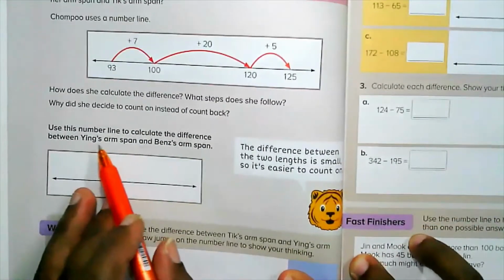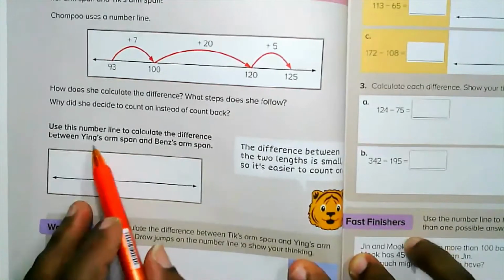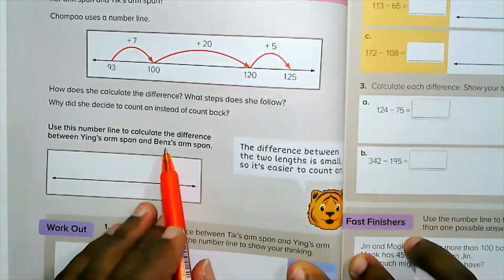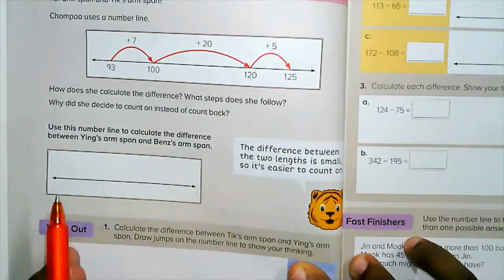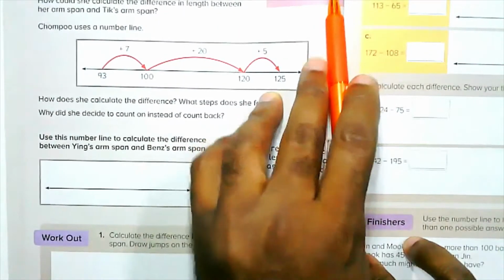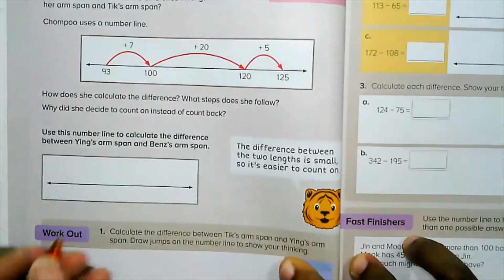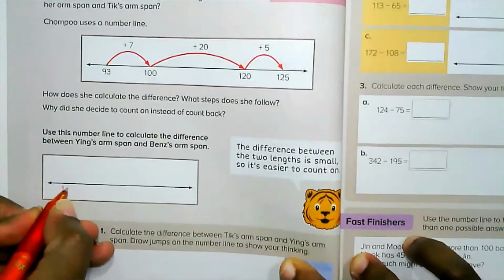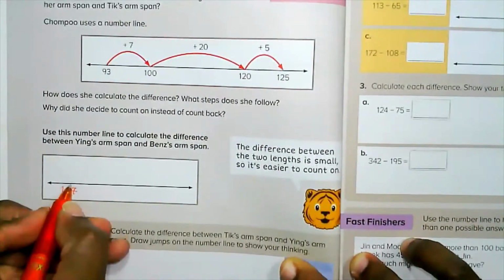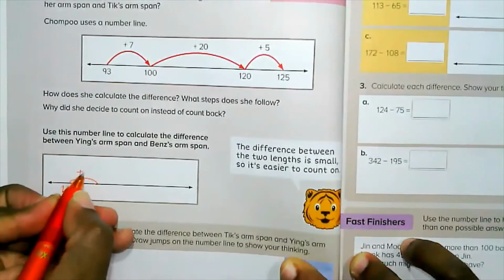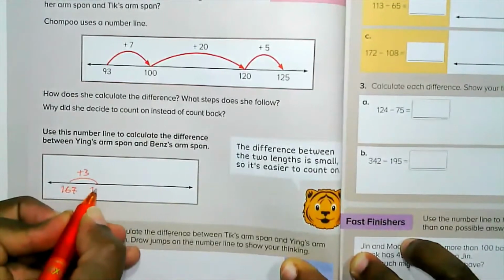Now use this number line to calculate the difference between Ying's and Ben's arm span. So Ying is 167, Ben's is 182. Ying's is lesser, 167. Make it a round figure, that is plus 3, will be 170.